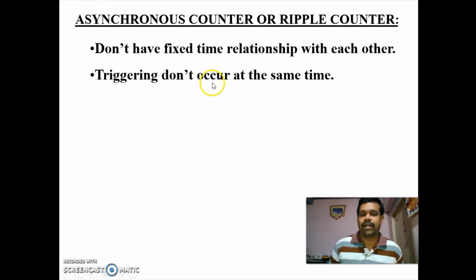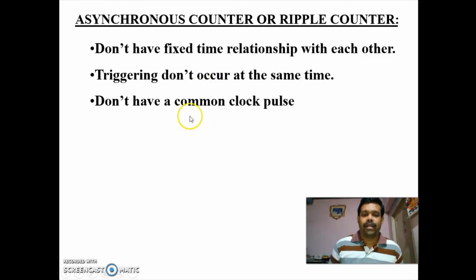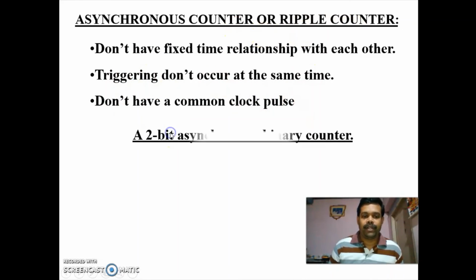Triggering does not occur at the same time, that is, we will not be providing the clock to all the flip-flops at the same time. So the asynchronous or ripple counter does not have a common clock pulse.